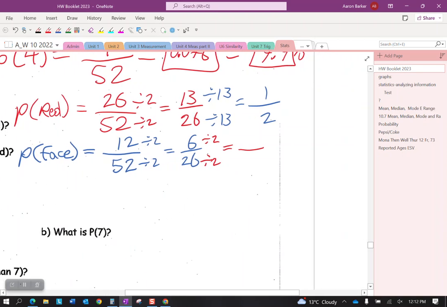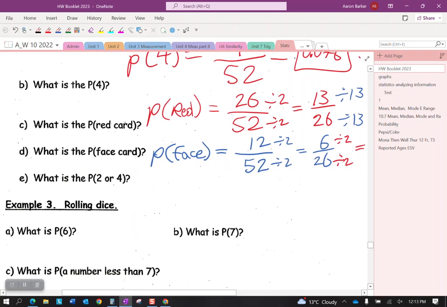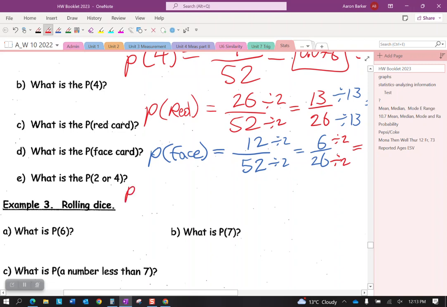What'd you get? 3 over 13? Okay, so 3 over 13. Any questions? Can you go to a decimal and a fraction? Yes, you can, but we won't do that anymore. Let's go to this next one here.